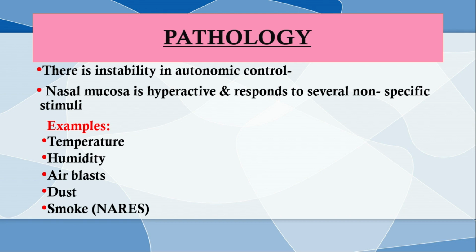For example, temperature, humidity, air blasts, dust, smoke. They all can lead to hyperreactivity of the nasal mucosa and the development of vasomotor rhinitis.